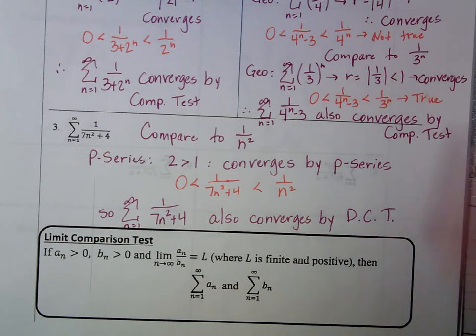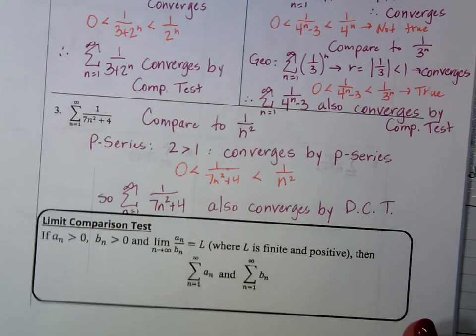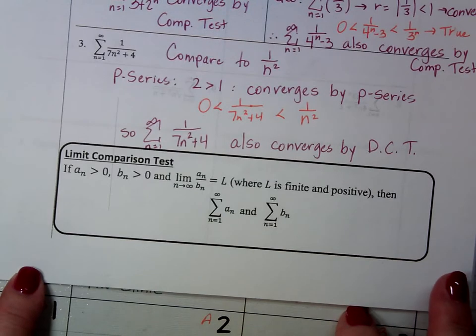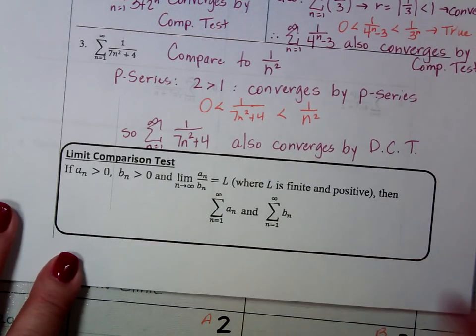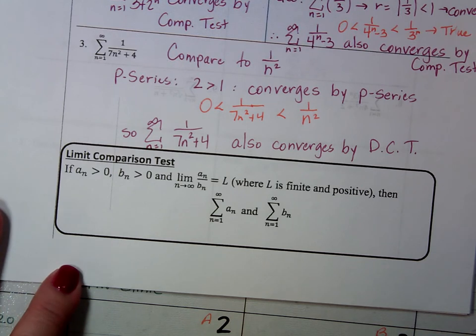So there's the direct comparison test. And again, the big deal is you've got to check the inequality and make sure that it works, that a sub n is less than b sub n. So the next one is the limit comparison test. And the limit comparison test is definitely a lot more popular. There are a couple things that come into play with this.